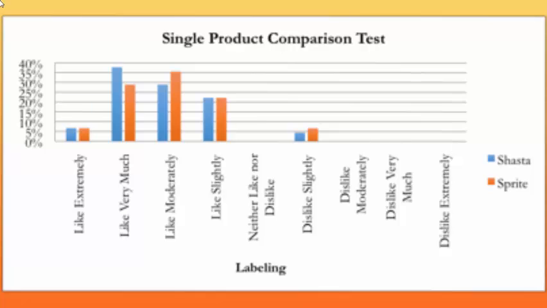So take a minute to look at this and notice that some people actually did like the Shasta very much. There were times that people did choose the generic over the Sprite, but moderately more people chose the Sprite that time rather than the Shasta.